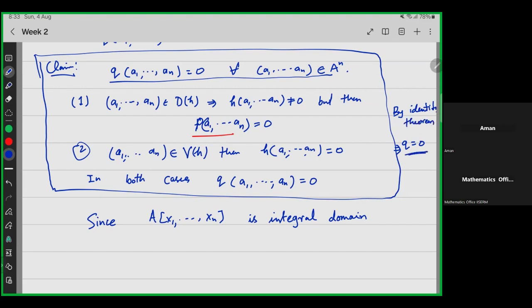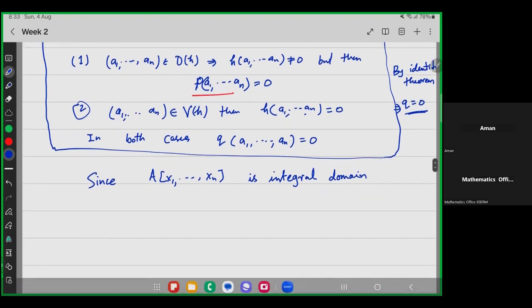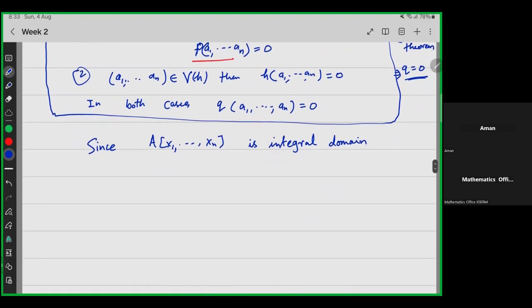This polynomial q is equal to 0. Because this is an integral domain and q is equal to p times h, this is the 0 polynomial. This implies either p is equal to the 0 polynomial or h is equal to 0.